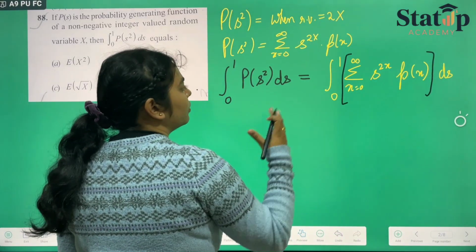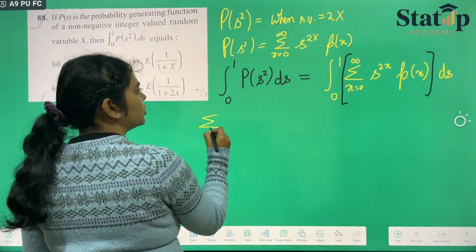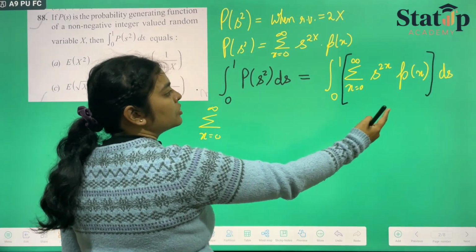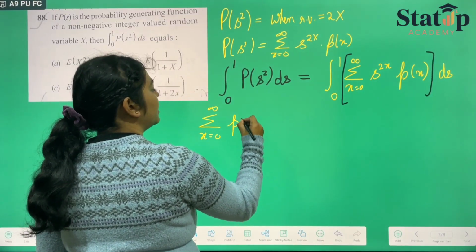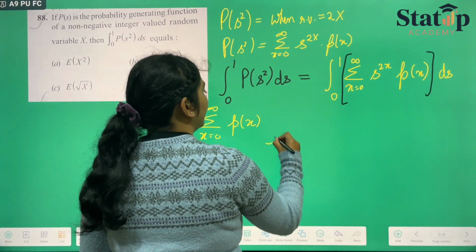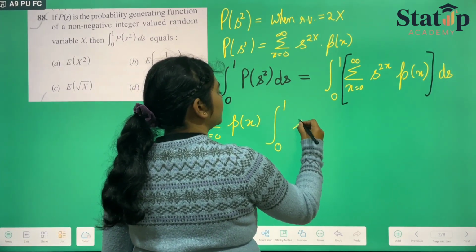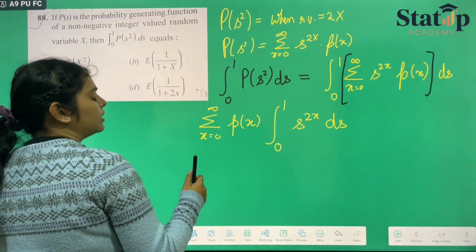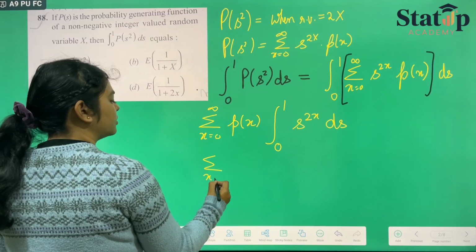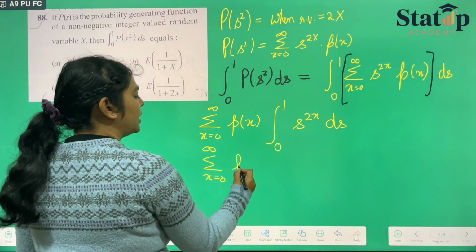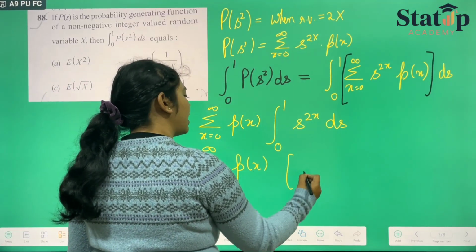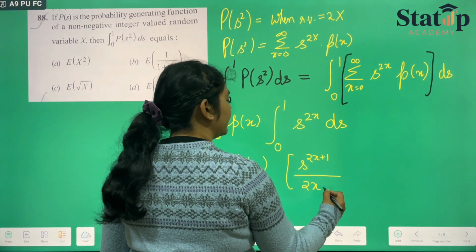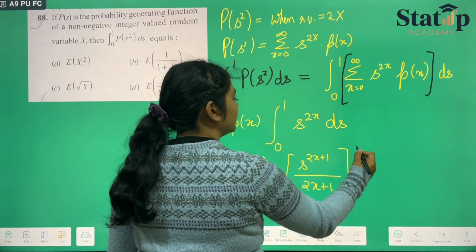So we can take the summation outside. Since the integration is for s, we can take P_X also outside and integrate the rest, which is s raised to the power 2X ds. Now the integral of s raised to the power 2X ds gives summation X from 0 to infinity P_X into s raised to the power 2X plus 1 upon 2X plus 1 with the limits 0 and 1.